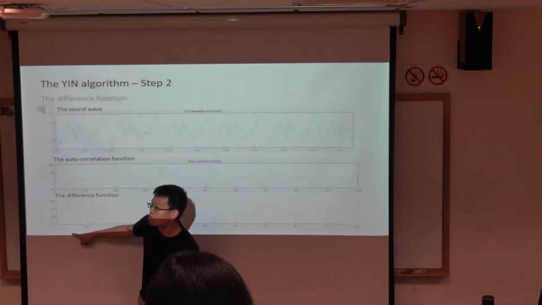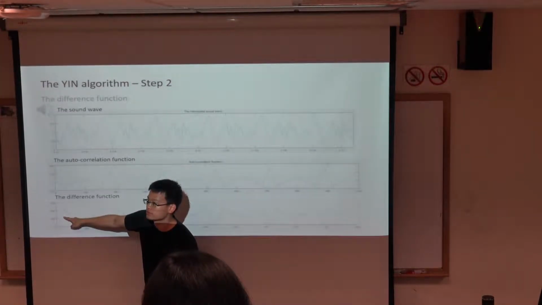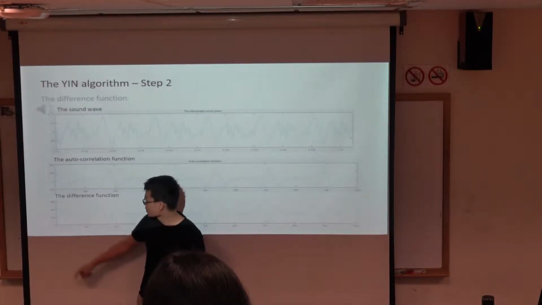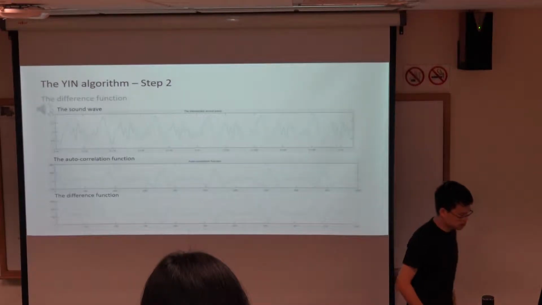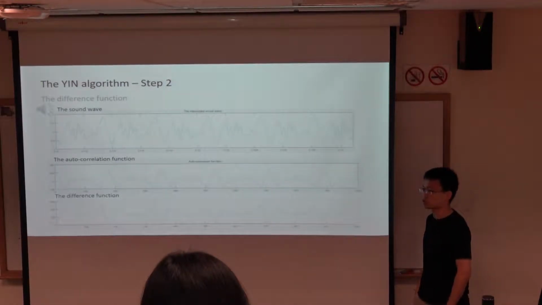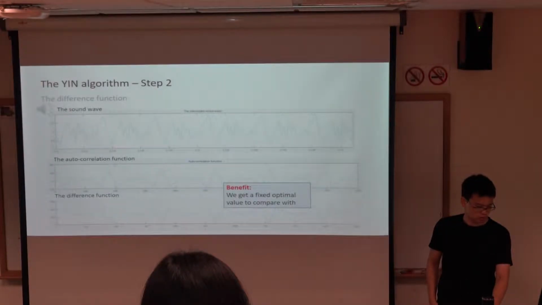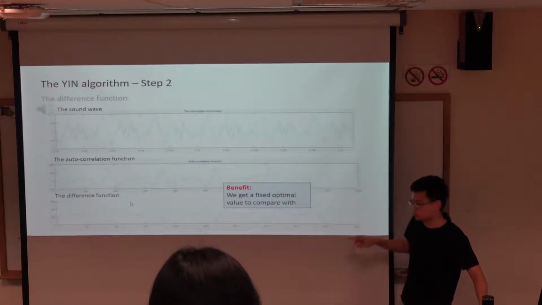If some noise caused a minimum to appear here, the computer could choose this. So that makes us move to the third step. The benefit of the difference function is that we get a fixed optimal value to compare with.